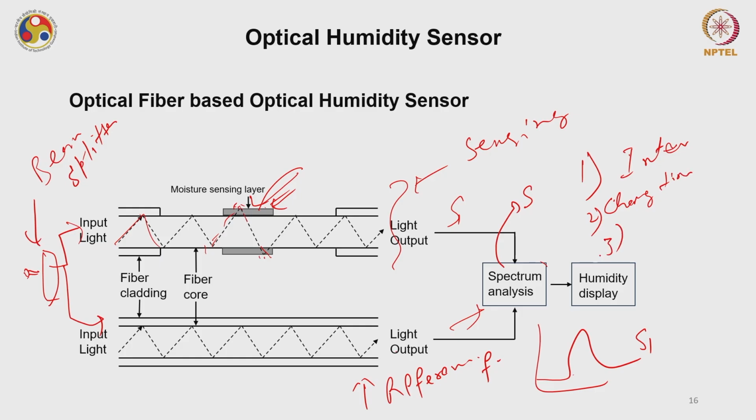You can also detect change in phase, and there are other ways also to characterize these changes. Based on the standard calibration process, you can have this humidity displayed on this humidity sensor.